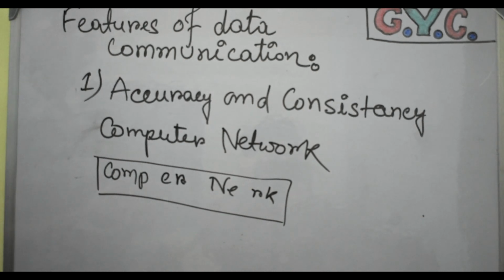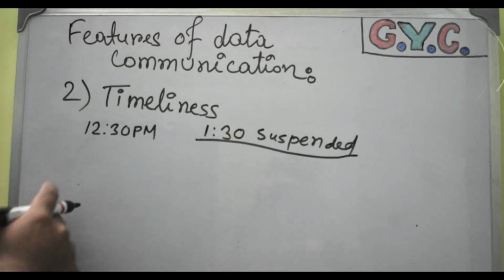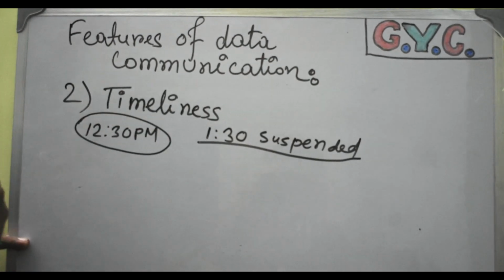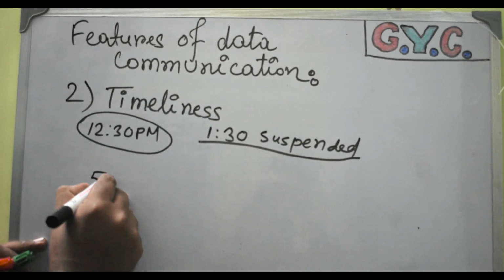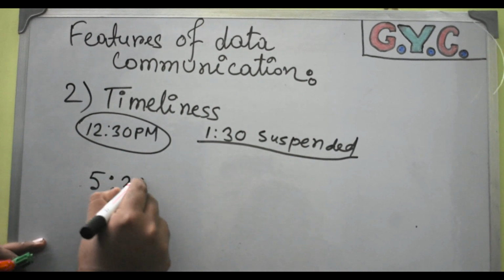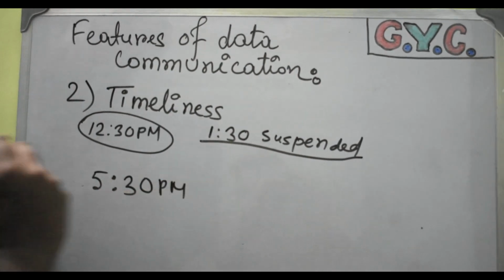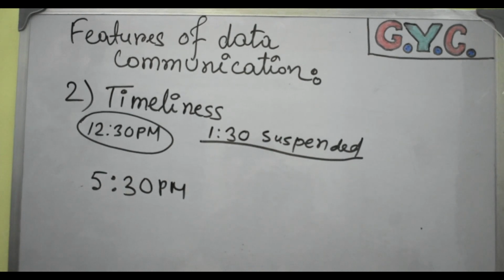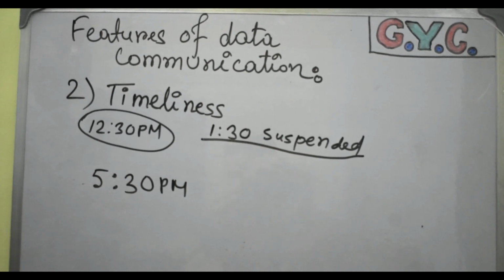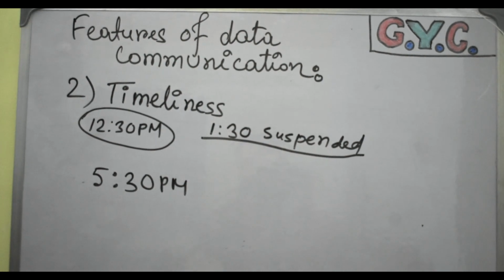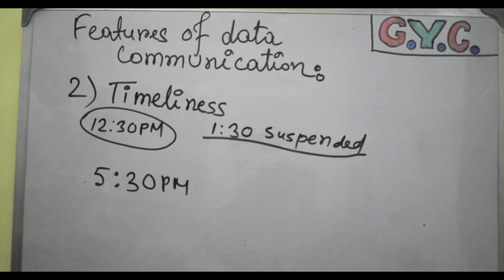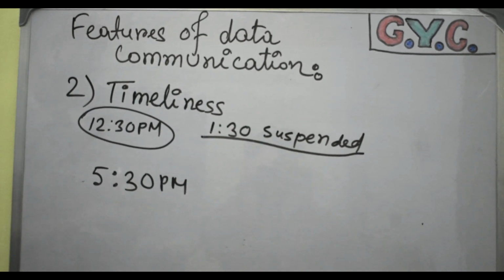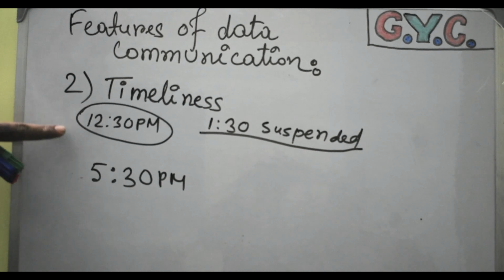So this is not a successful transmission of message. Now suppose you send a message to your friend at 12:30, and your friend receives this message at 5:30. Your friend went to the class, he was waiting for the faculty member to come and conduct the class, but no one was present. Is there any use of this information that you have sent?